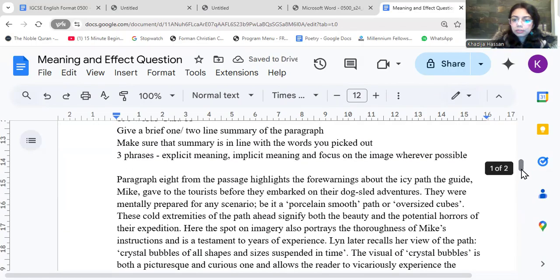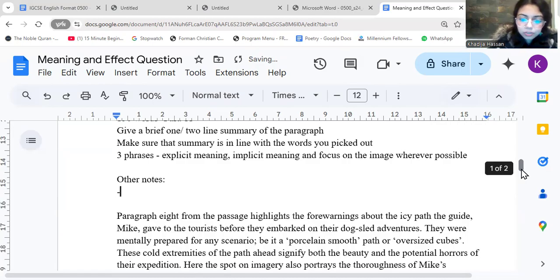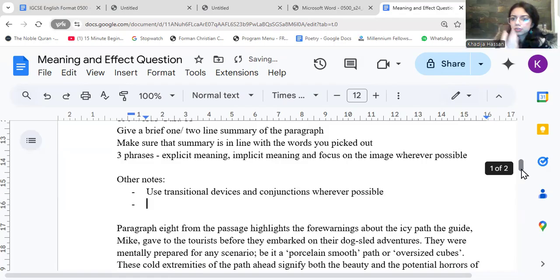Now, other notes would be to use transitional devices and conjunctions wherever possible. Don't force it, but as long as there's a natural, nice flow created in your writing, you should be using them. So use transitional devices and conjunctions where possible. Use a variety of punctuation.